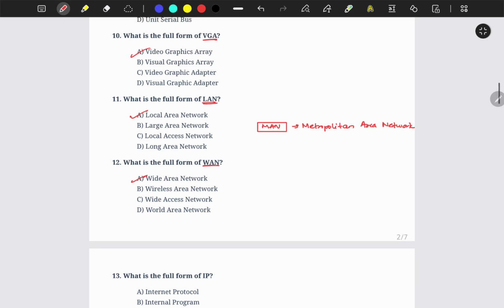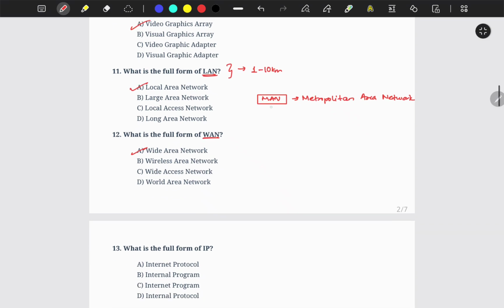LAN has a range of 1 to 10 kilometers. Metropolitan Area Network, MAN, generally works in a city or a town; its range is a city or a town. Whereas if you talk about WAN, its example is internet.